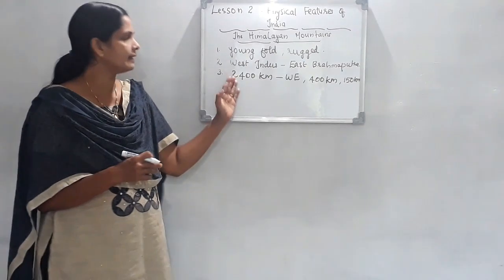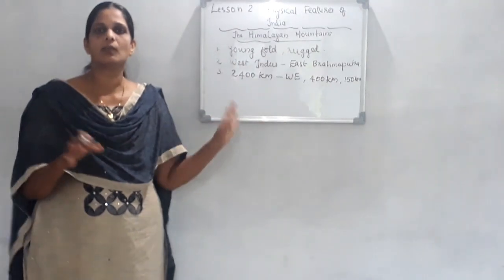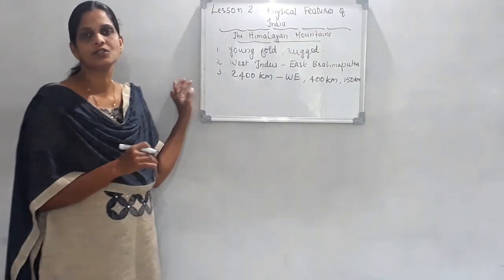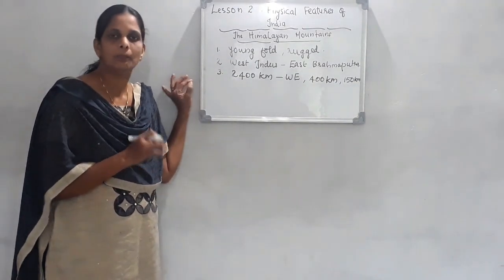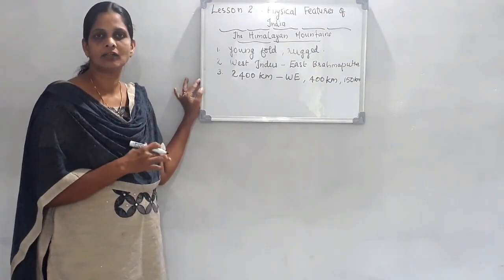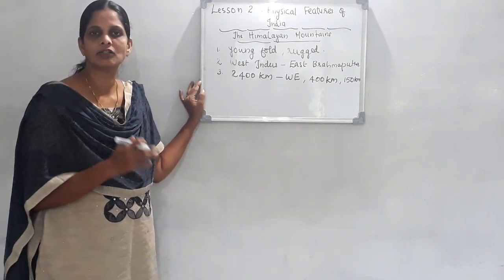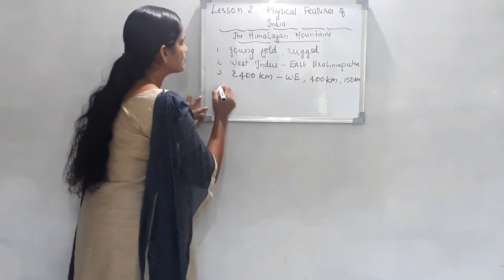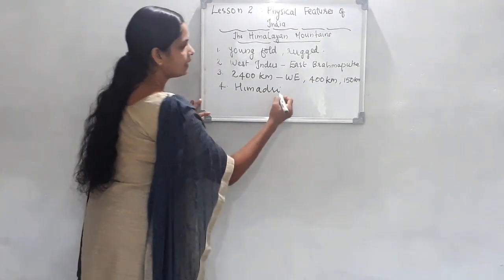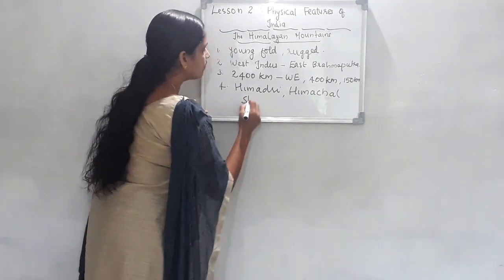Is it okay? These large areas of the northwestern and eastern sides, covered by the mighty mountain ranges, are the Himalaya. The relief of Himalaya is not the same, as we already mentioned. Based on the topography or relief variations, Himalaya can be divided into three parallel ranges: Himadri, Himachal, and Shivalik.